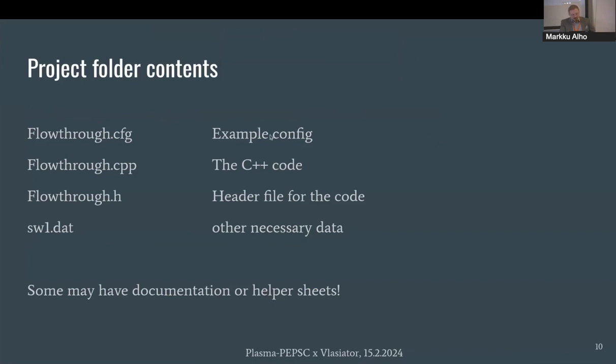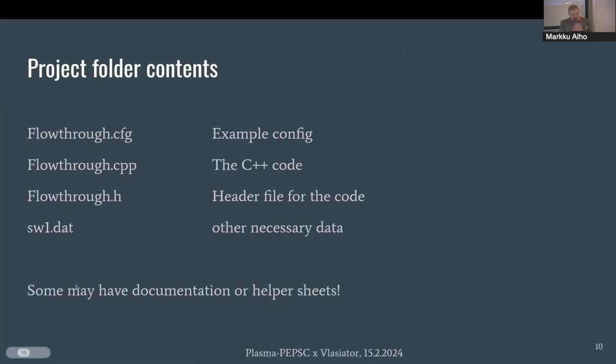And for example, the project folder for the flow-through contains these. So there's the actual C++ code and the header file that we just had a quick glance at. And then there's an example configuration file, and maybe some other necessary data. So this is the SolarWind input that can be used from the example config as a boundary condition.